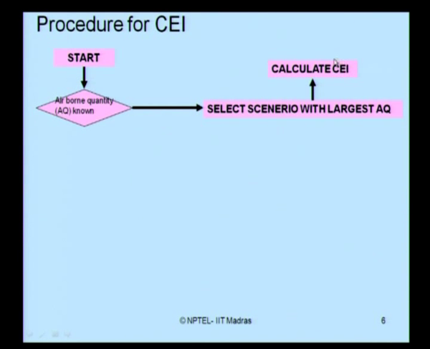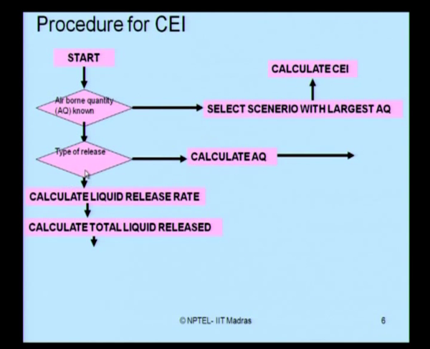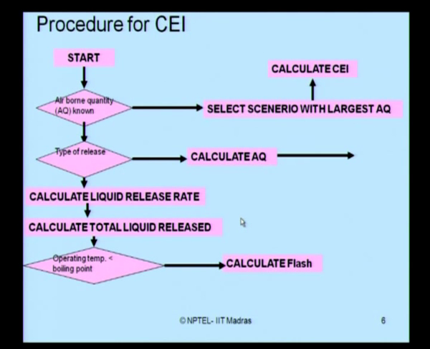I will come to the equations for how to get this. Suppose you do not have an airborne quantity, then identify the type of release in your case. If you know the type of release, then for each type of release compute the AQ value. For a liquid, for example, estimate the liquid release rate and calculate the total liquid released based on this. Also identify the operating temperature.